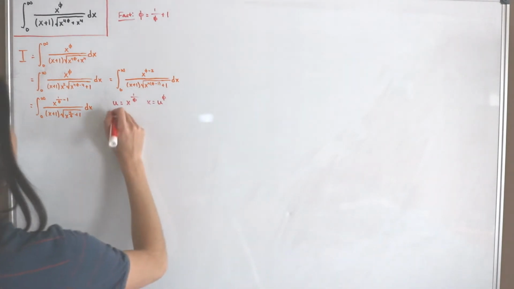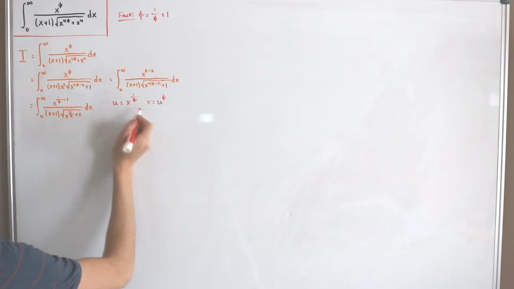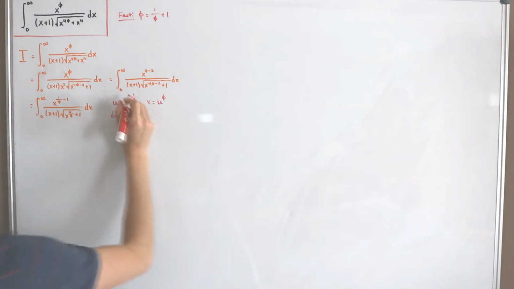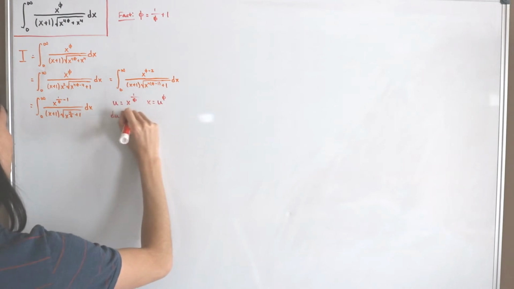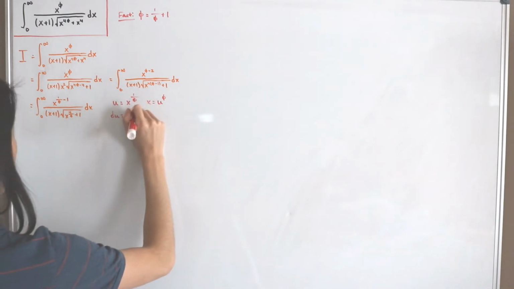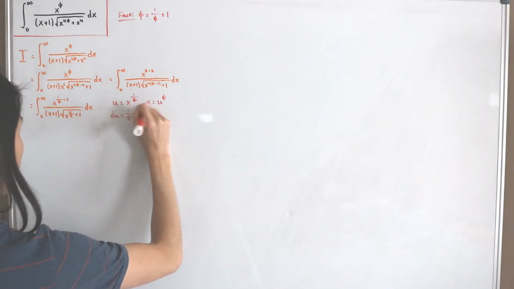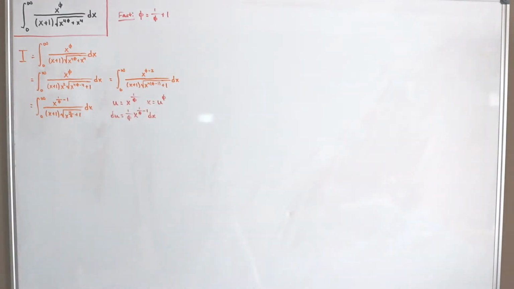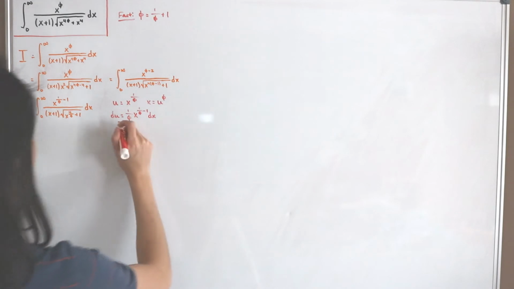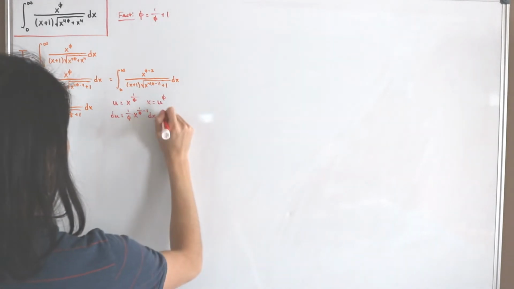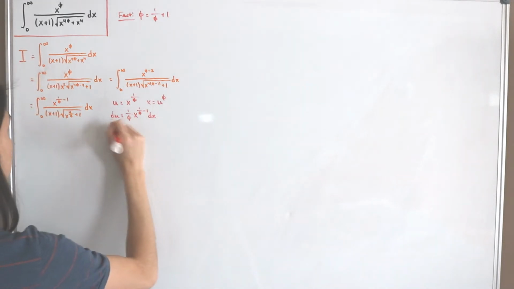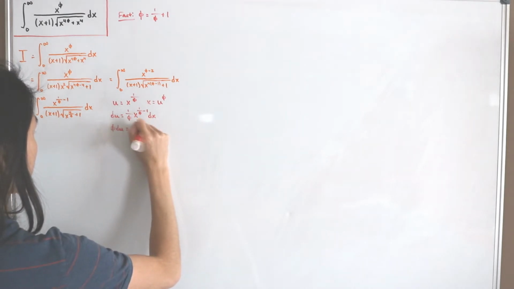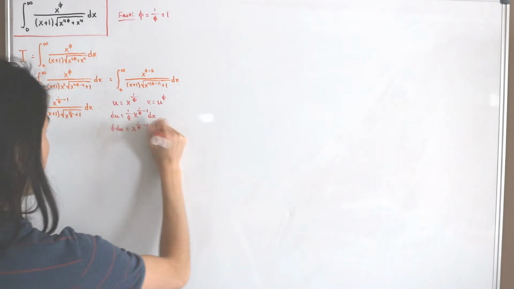Now let's take the differentiation of both sides. We get du equals 1 over phi, by the power rule, times x to the power 1 over phi minus 1, dx. Multiplying phi to both sides, phi du equals x to the power 1 over phi minus 1, dx.